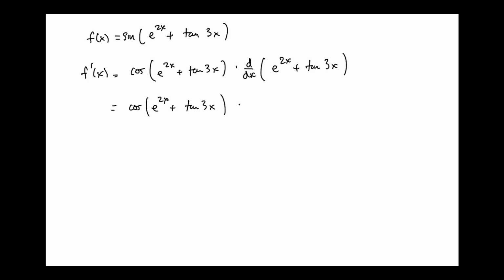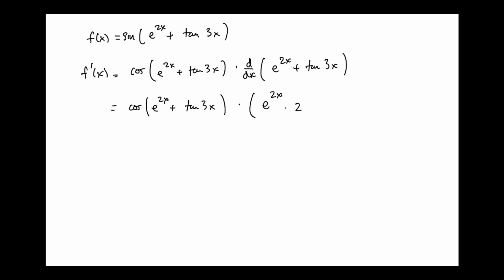Okay, so what is the derivative of e to the 2x? Yeah, okay, so how did you get that? What's the derivative of e to the stuff? E to the stuff times the derivative of the stuff. And in this case, the derivative of the stuff was just 2 because the stuff was linear. Okay, good.